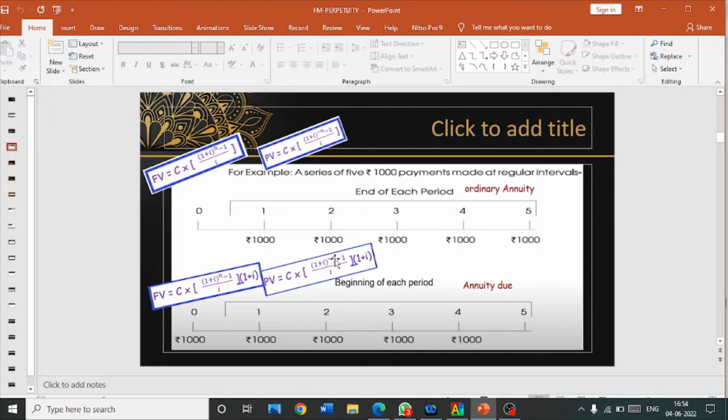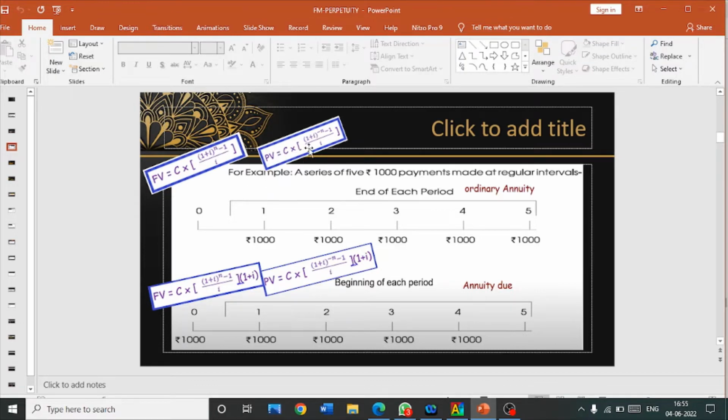The formulas are more or less vice versa. Both are derived from the compound interest formula. Future value is the cash flow, or every month's cash payment, C into (1 plus i) power n minus 1, divided by i. So future value will be increasing; n is positive, the power n is positive.